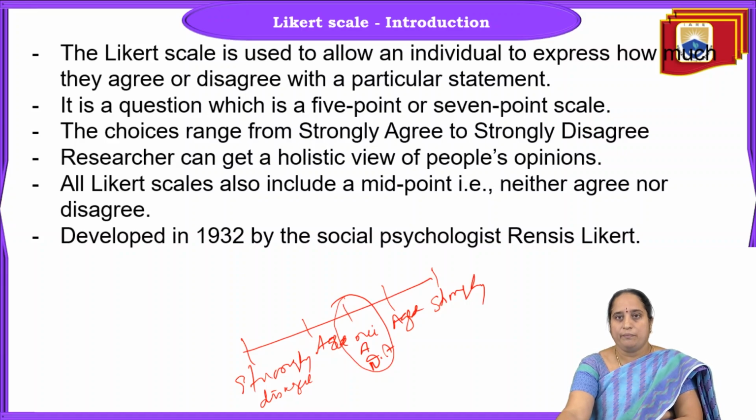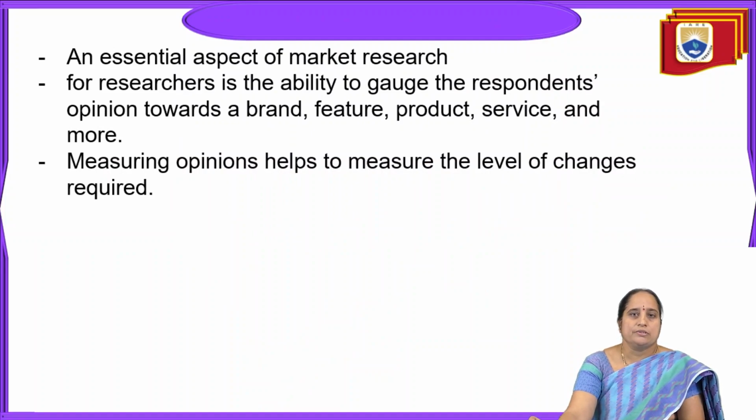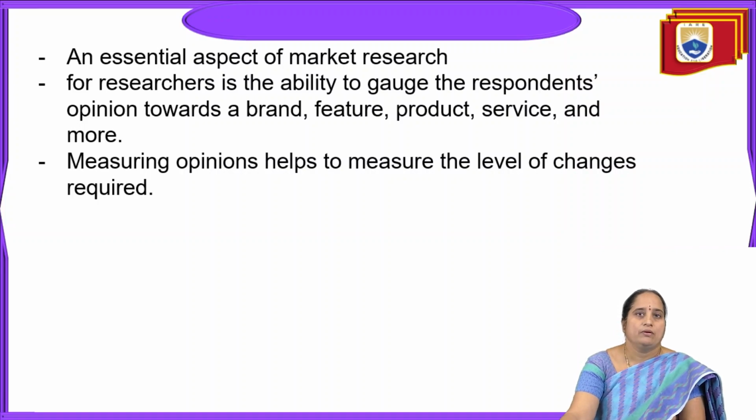So with his name, this particular scale came into existence. The essential aspect of market research is that if you want to understand consumer satisfaction, that can be measured with the help of the Likert scale.